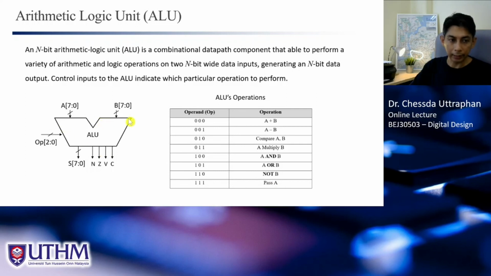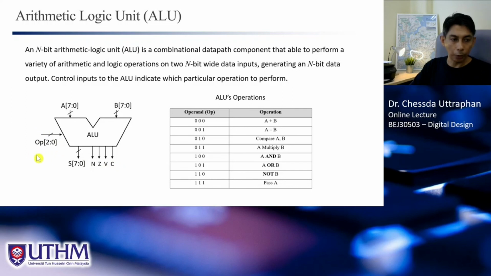So this is just an example of an ALU, and the symbol is like this. This is an 8-bit ALU, where we have an 8-bit input A, the second input is an 8-bit B, and we have an 8-bit output here. We have the flags, what we call the status signals here, the ones that we just learned, negative, Z, overflow and carry, right?